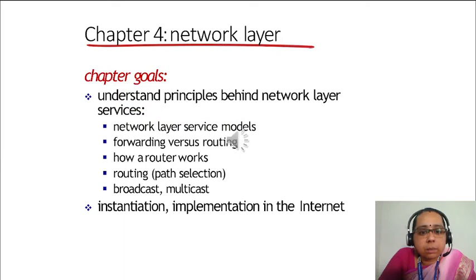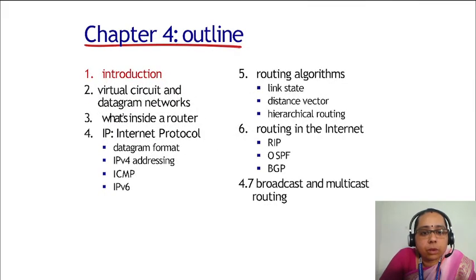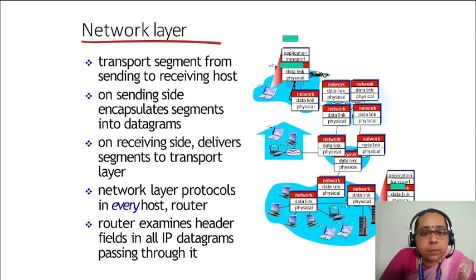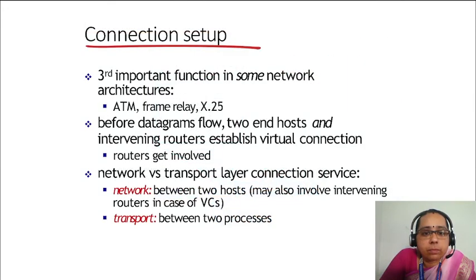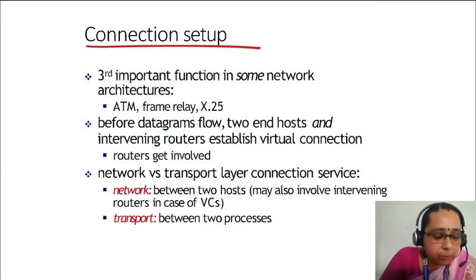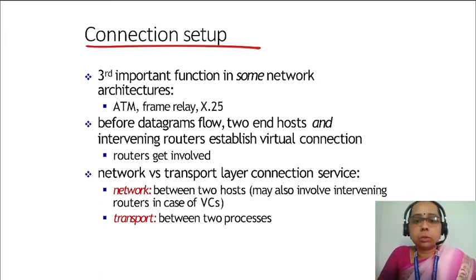And these are the main principles and goals of this chapter. We should know about the network layer service model. The important point is how connections will be set up, based on the architecture of ATM, frame relay and X.25.